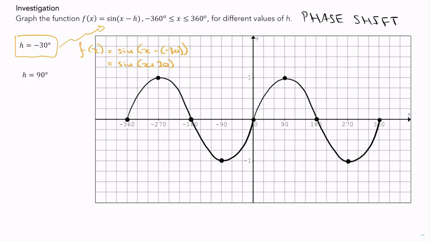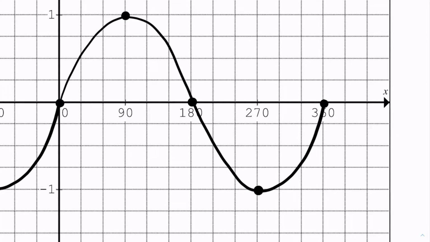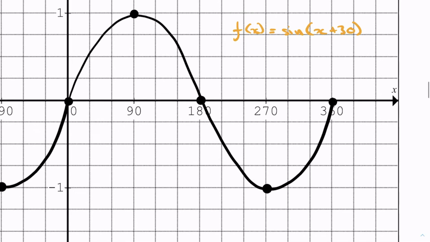Okay, we're going to zoom in here on our graph to look at some specific values for sine. I'm going to just copy my equation again. So I have f of x equals sine of x plus 30. I'm going to start off by substituting in a value of negative 30.